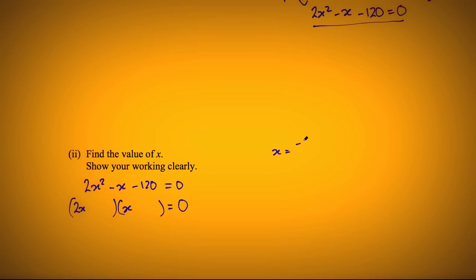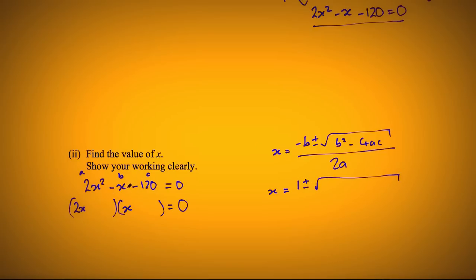So x equals minus b plus or minus the square root of b squared minus 4ac all over 2a. And a is 2 in this instance, b is minus 1, and c is minus 120. So x equals minus minus 1 is the same as plus 1, plus or minus the square root of b squared is minus 1 squared, minus 4 times by a, 2, times by c, minus 120, all over 2 times a, 2 times 2.